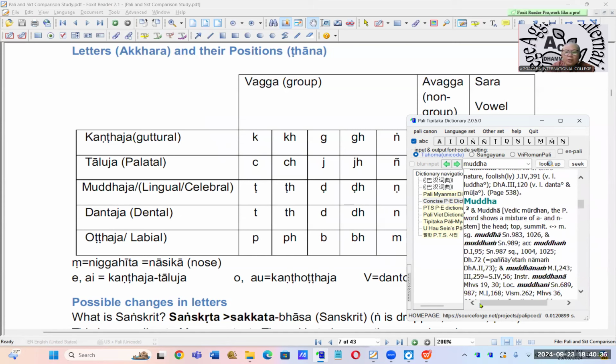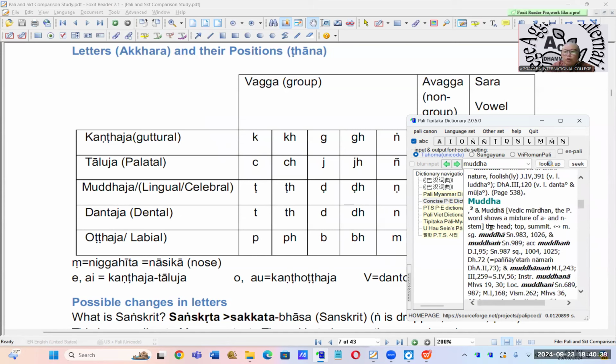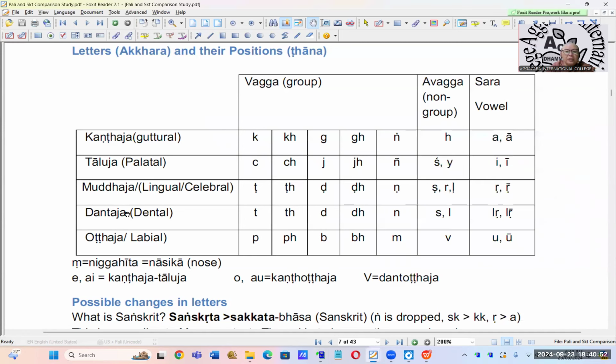Okay, so muddha is another word for top. Because when you curl your tongue, your tongue actually reaches the top of the roof of your mouth. So tongue or summit. So there's the word muddha, which also means head. So this one, danta is the teeth. Ja, born of the teeth, so we call it dental. Otha means lips.